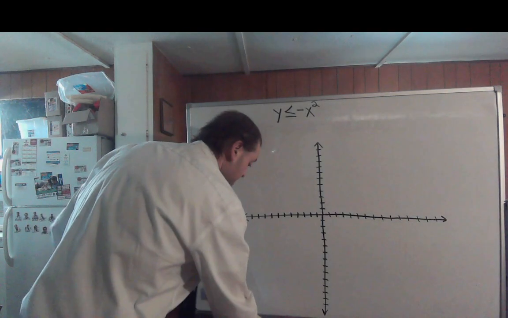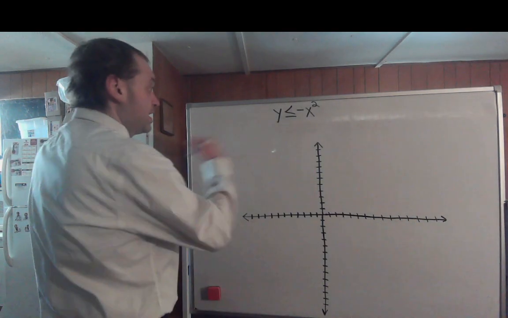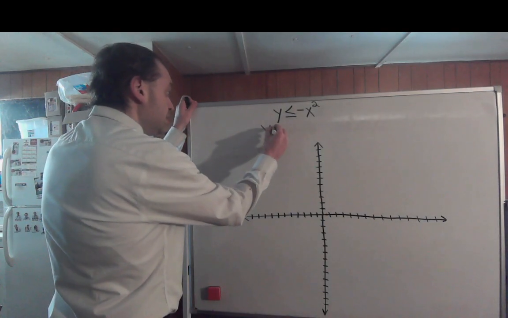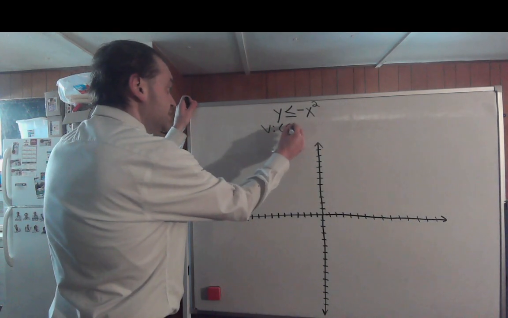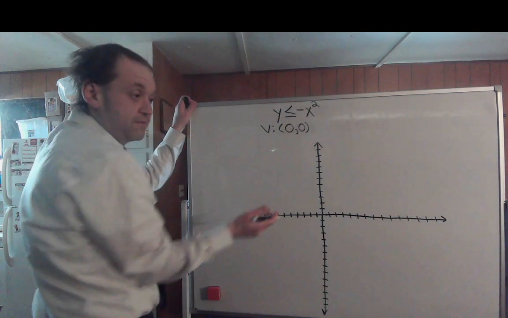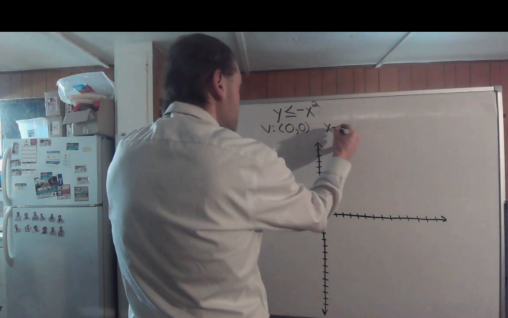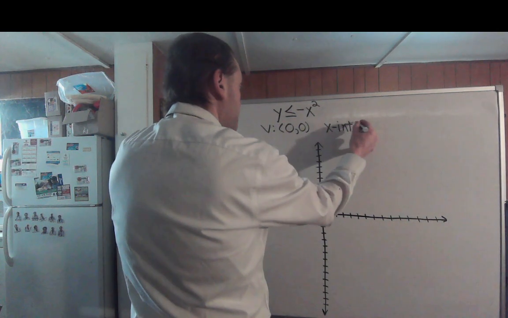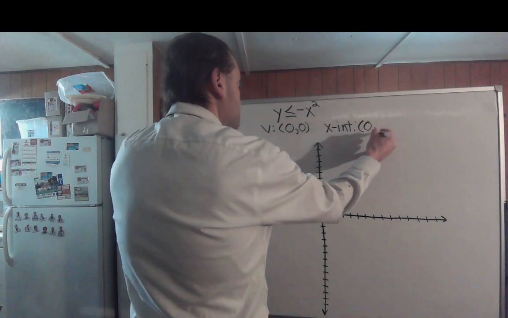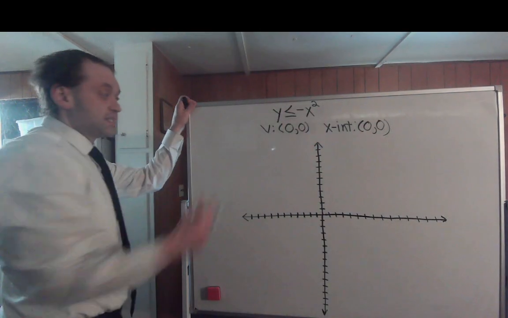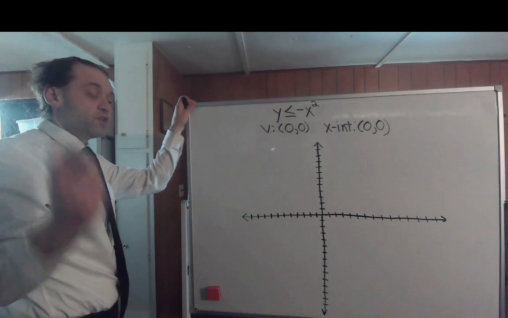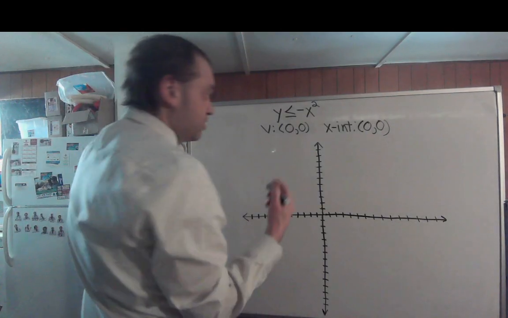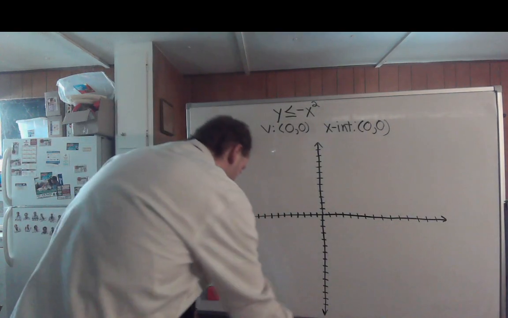But our vertex is still at 0, 0, right? And in fact, your x-intercept is also at 0, 0. But since that factor of 0 is raised to the second power, it's only going to touch the x-axis at 0, not cross. So let's go ahead and graph this here.